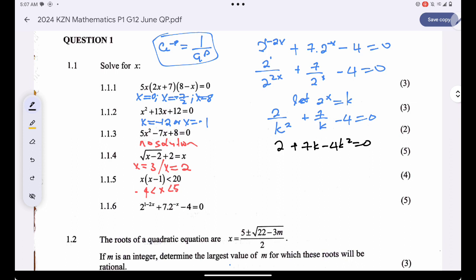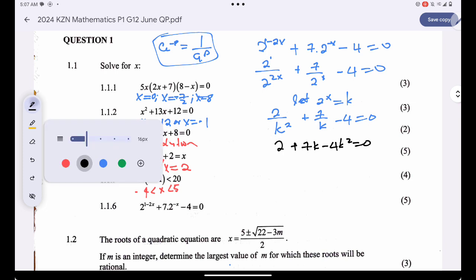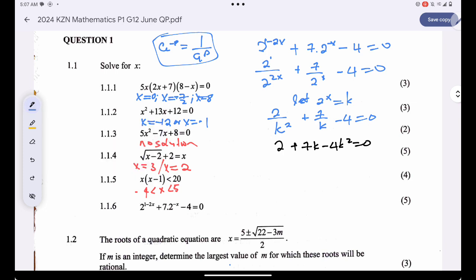If I divide everything by a negative, and I will do so because I want to make this one positive. Why must I make it positive? Because it has the highest power or the highest exponent. Okay, whenever I do that, I'll have a positive 4k squared minus 7k minus 2 is equal to 0.